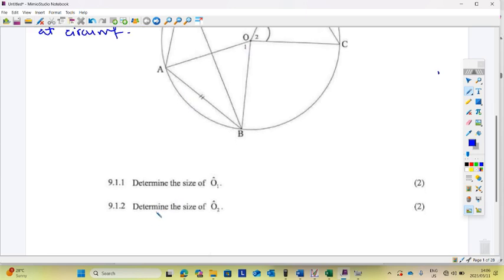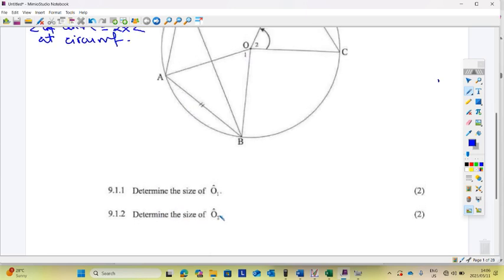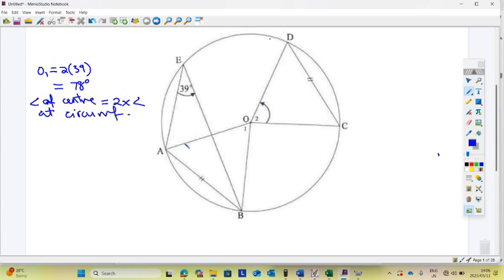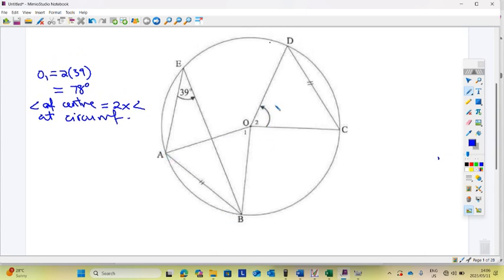And then the second one, determine the size of O2. Here is O2. We were told that AB is equal to DC. These are chords. If these two chords are equal, and you should notice that this is radius, radius, radius, radius, so these two triangles are congruent, right?